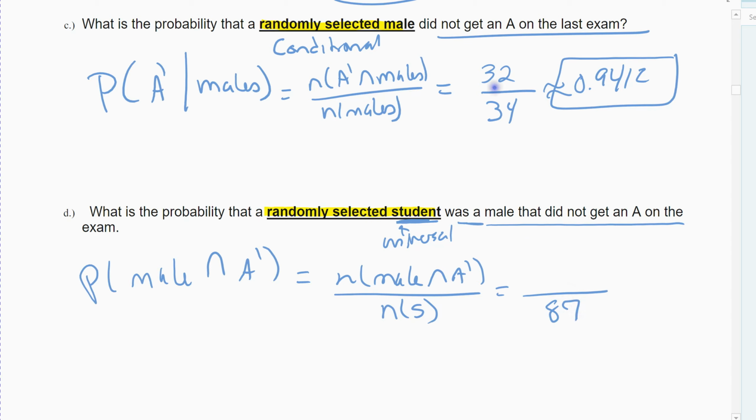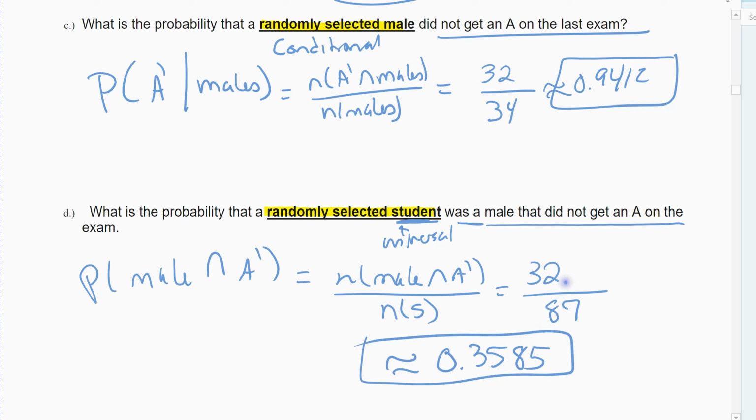Out of those 87, 32 of them were male students who did not get A's. That number's the same. The number that changes is what I'm dividing by, because it's what I'm selecting from, and the odds change. Right? I now only have a 35, almost a 36% chance. So when I take 32 divided by 87, it comes out 0.3585.